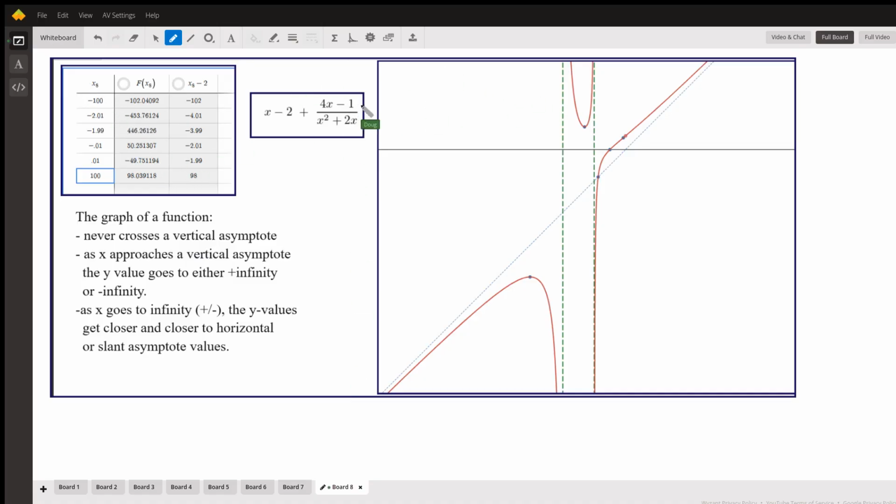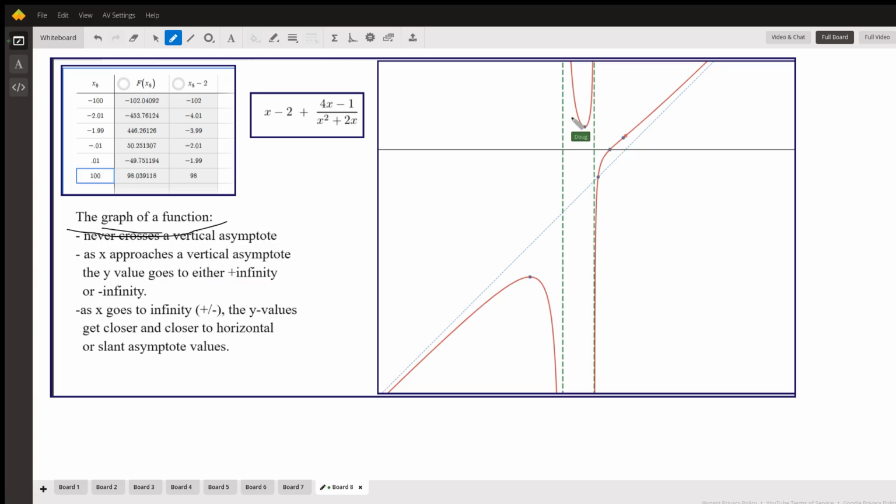Here's a table that kind of shows you how to graph this function. Remember, the graph of a function never crosses a vertical asymptote, so that means we've got to have 3 branches. As x approaches a vertical asymptote, the y value goes to either infinity or negative infinity.